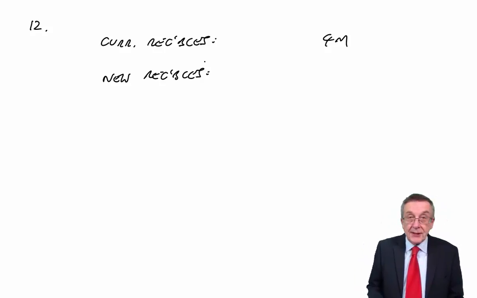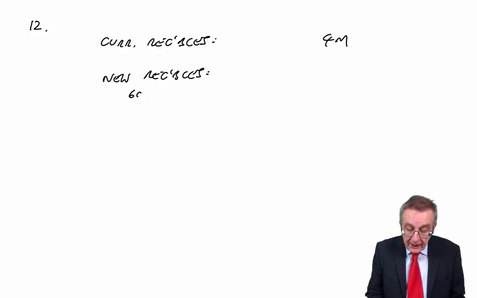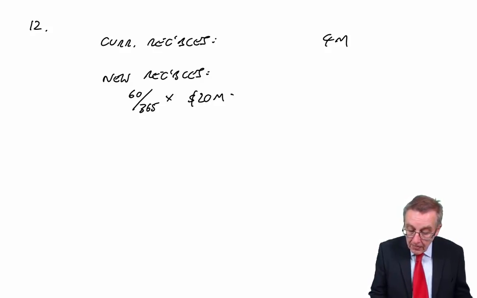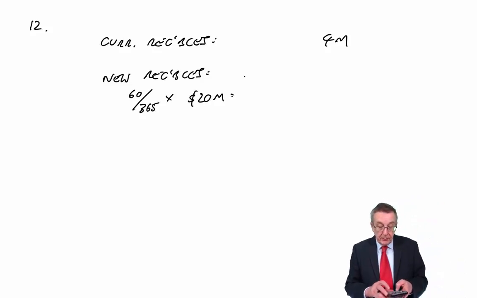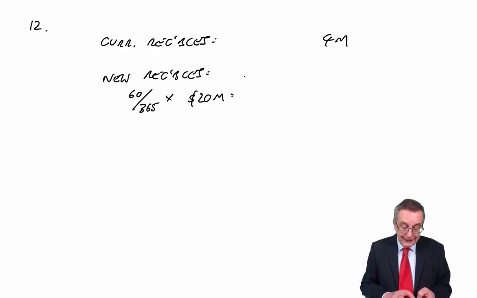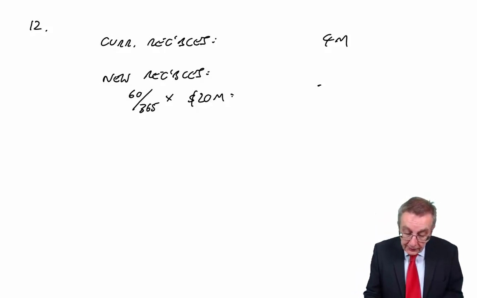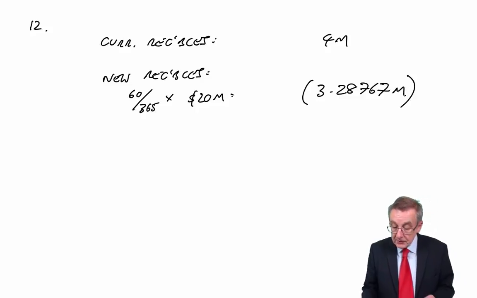So if it's going to be a 60 days collection period, the receivables would be 60 over 365 times the sales for the year of 20 million. And so on average, receivables will fall to 3.28767 million.